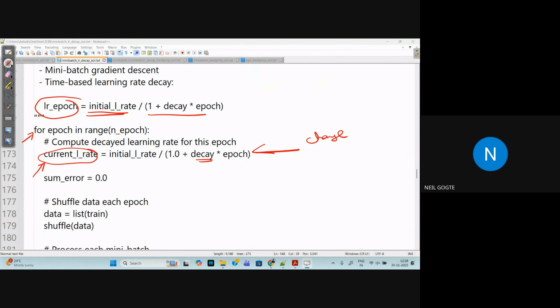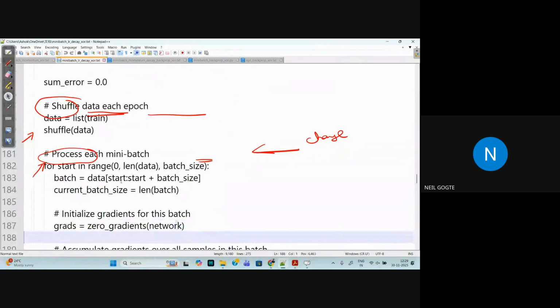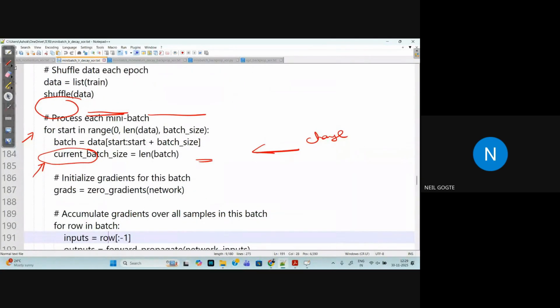When I'm accumulating gradients, you will see there, go down. Sorry, when you say apply gradients, in place of the learning rate, you will pass the current learning rate as a parameter. Yeah, you can go there and see the change.